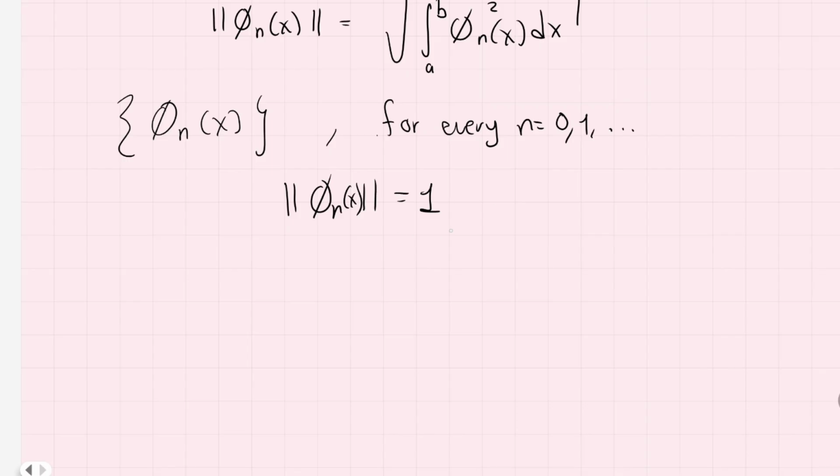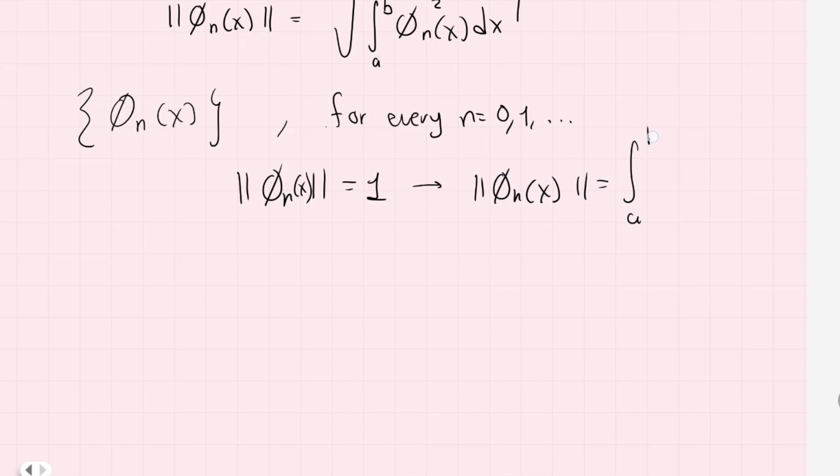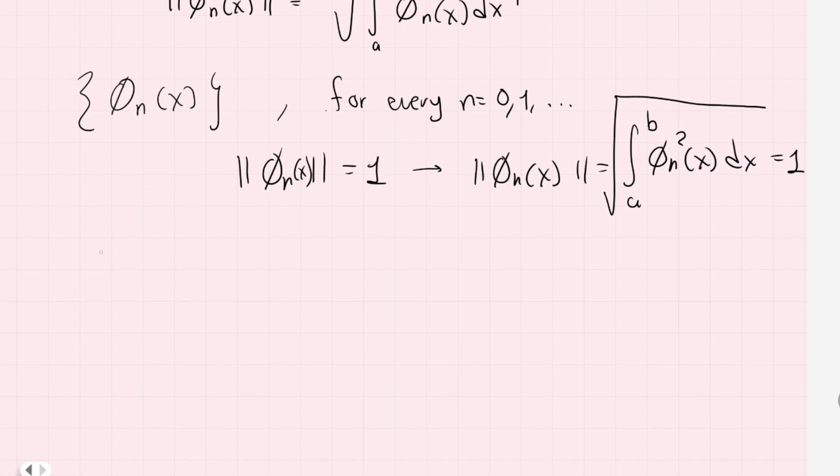That means that the magnitude of phi n of x, which is the square root of the integral from a to b of phi sub n squared of x dx, equals 1, for every n equals 0, 1, up to infinity. Then we say that the set is orthonormal.